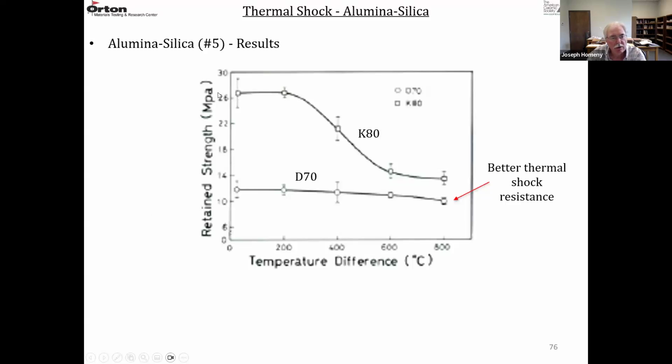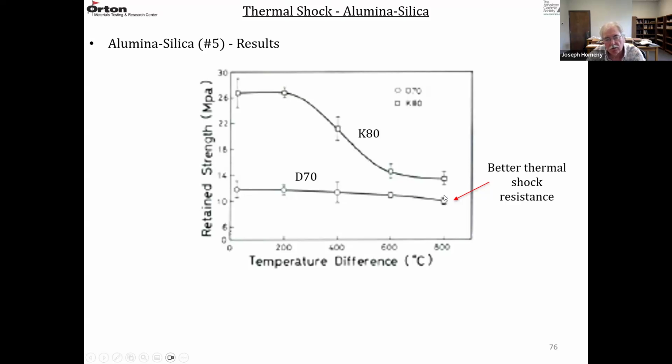And if you looked at the retained strength in megapascals versus the temperature, you can see the 80% alumina had a drastic strength loss starting at delta T's around 400. And D70 was pretty constant.